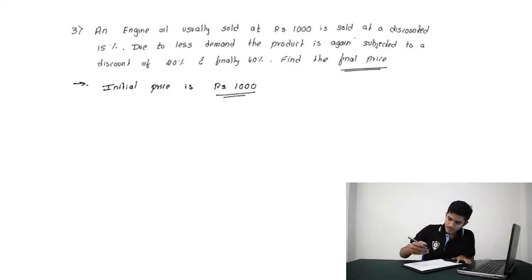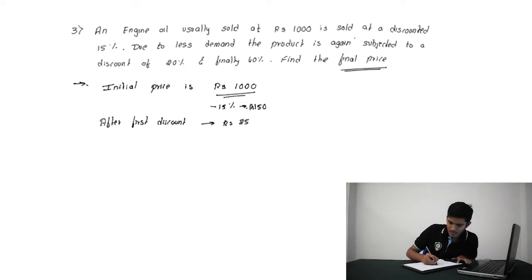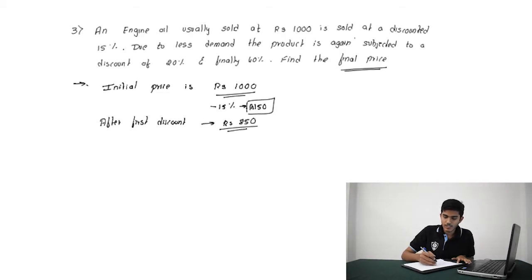So now it is subjected to a discount of 15%. So minus 15% will give me 150 rupees. So after first discount you get rupees 850 because 150 is your initial discount.